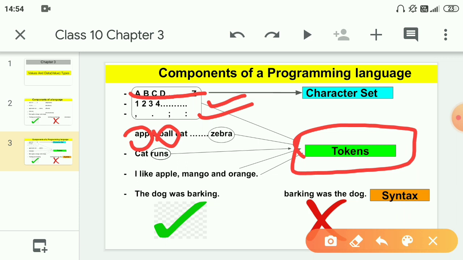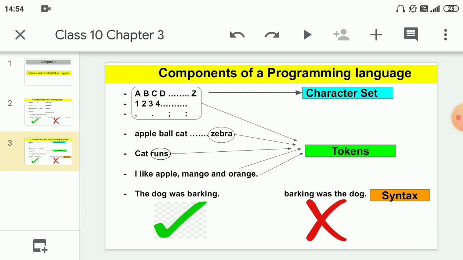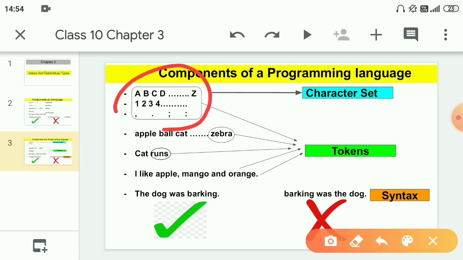But in a programming language, a word is a token. So see the relation. The word of a normal language is transformed into a token in a programming language. Similarly, all the characters are also part of the token.